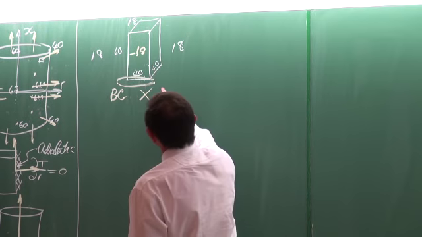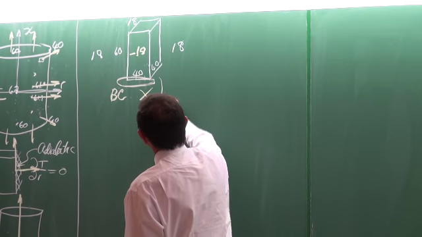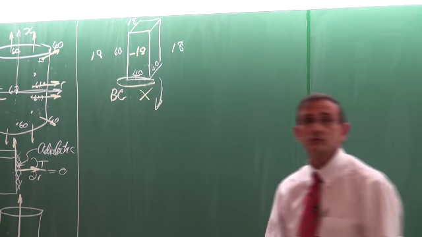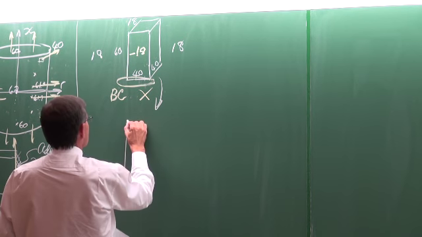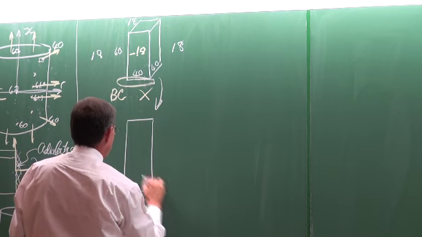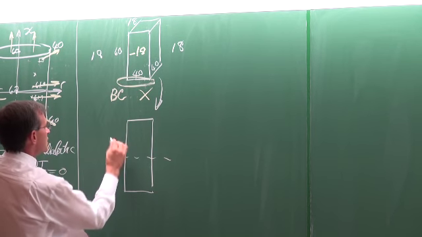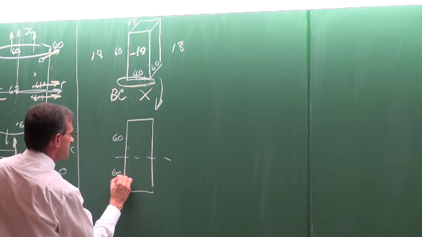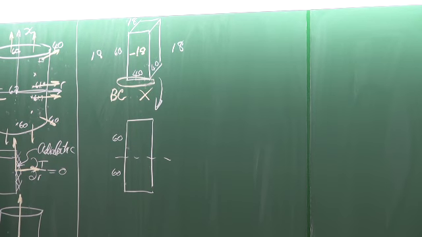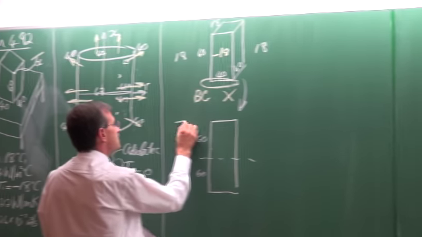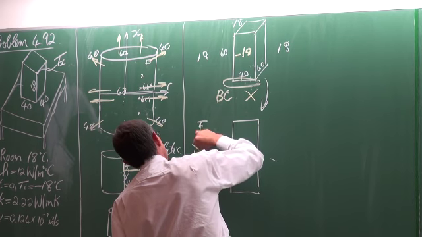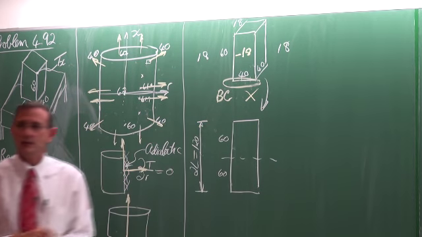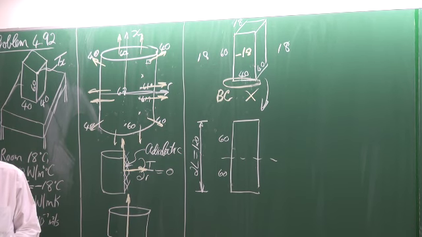So we can say, well, let's manipulate that block of ice so that now it is a block of ice which is 60 plus 60 millimeters in length, which means, and that's very, very important, that 2L is now equal to 120 millimeters.